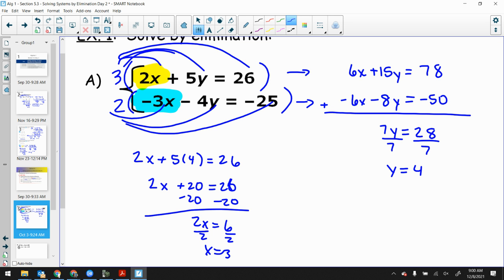Yeah. I have 2 questions. First question. So, like, how do we know after we get the y value or the x value what equation to put it into? You can pick, it doesn't even matter. I would go back into the originals, and then it doesn't matter which one you pick. I just picked the top. Good question, Gio.